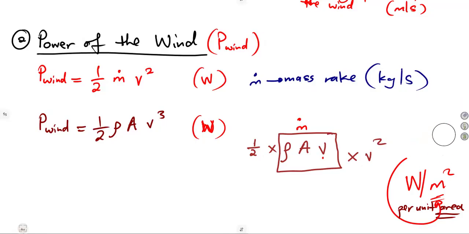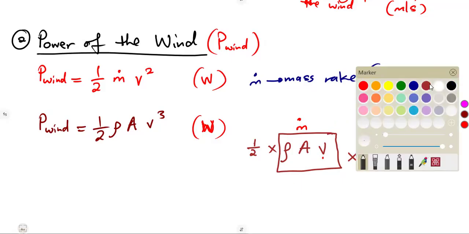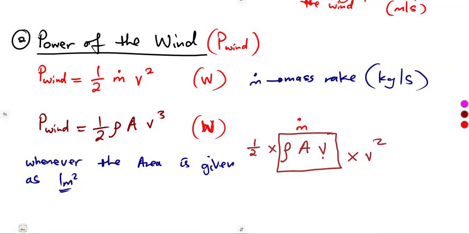All right, so let me just write this. I'm going to go back to the mass rate. Let me finish this one. Whenever the area is given as 1 square meter, it's per unit area.